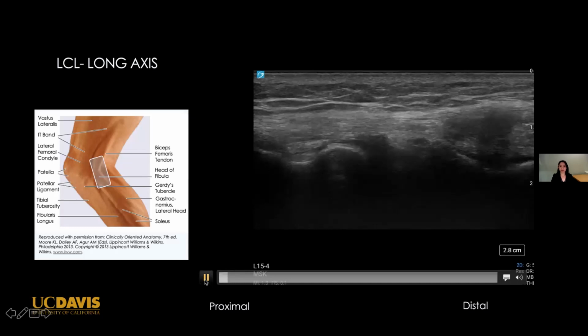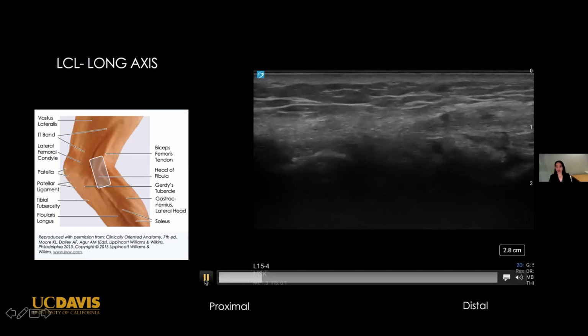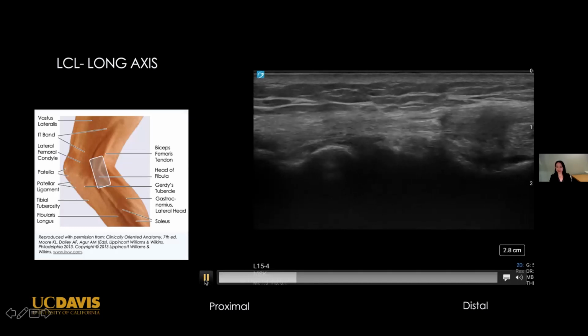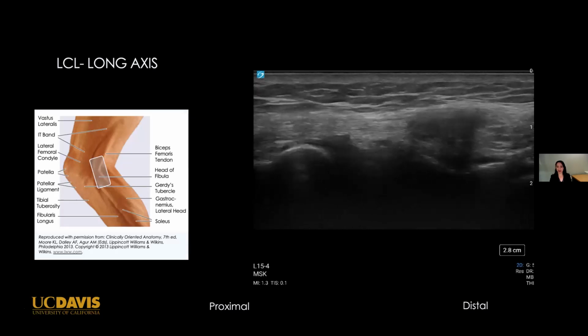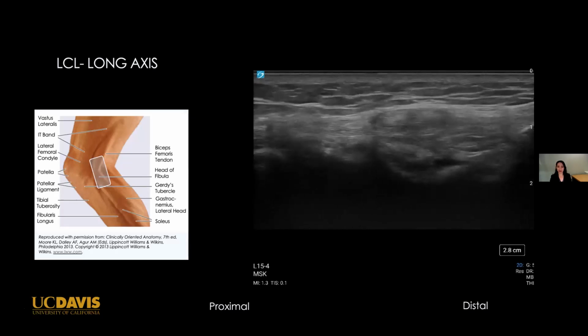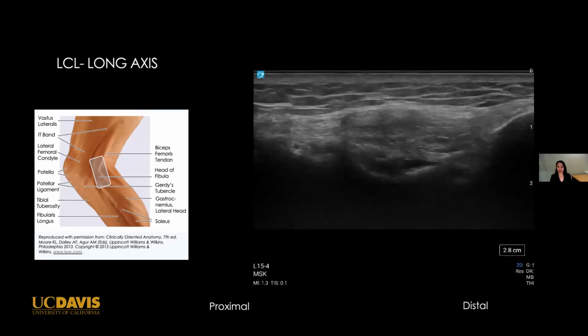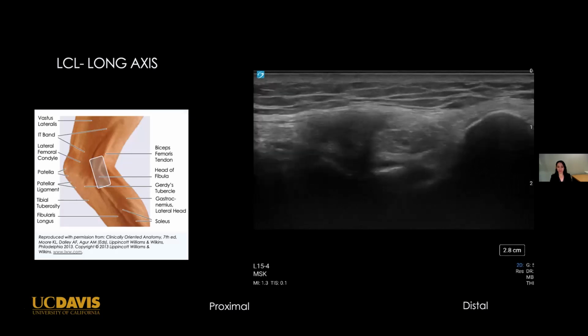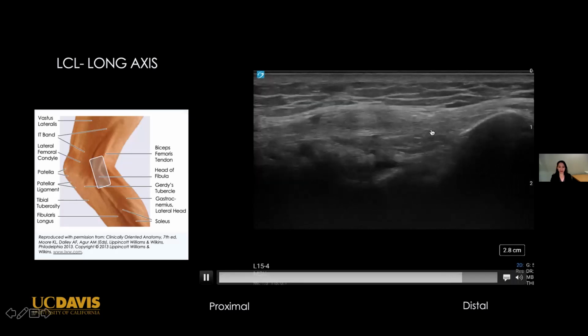So this structure is part of the biceps femoris that will attach to the tibia and is causing anisotropy, given the orientation of the fibers here. So you can see the LCL coming across here, and then the biceps femoris here causing the anisotropy.